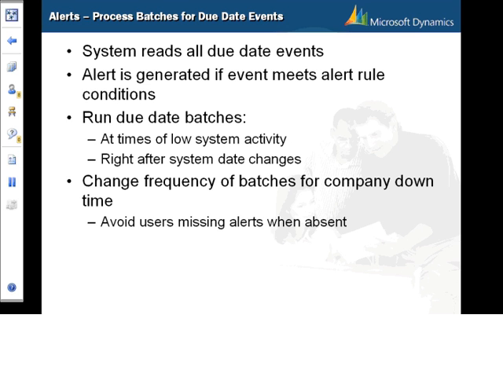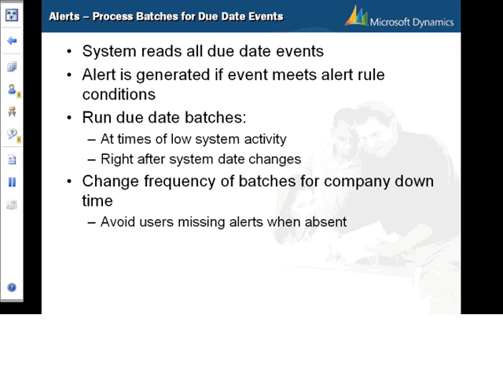So let's have a look at the due date event and batch processes for this type of event. Microsoft Dynamics AX detects all events caused by due dates. These events are matched with the conditions set up in the alert rules.